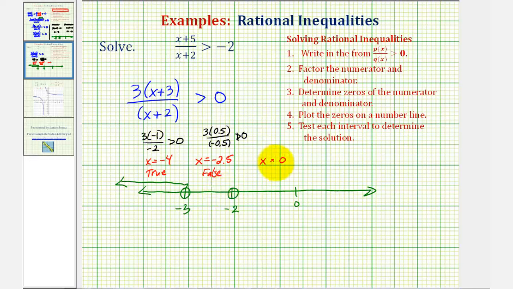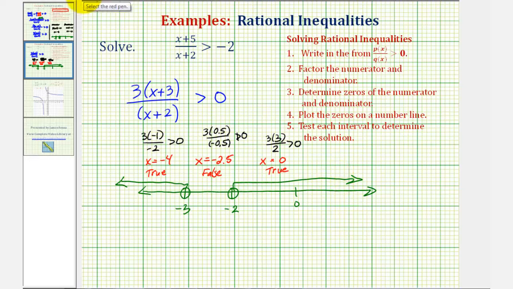And now we'll test x equals 0. Well, if x is 0, we would just have 3 times 3 divided by 2, which is positive, which is greater than 0, and therefore that's true. And therefore the interval to the right of negative 2 would also be part of the solution. So this would be the graph of our solution.